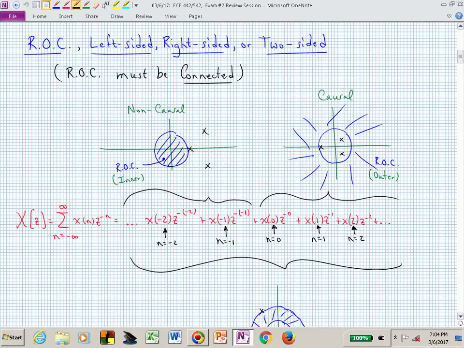Which means all of these time values of x, for n equals 0, n equals 1, n equals 2, have to be 0. That's why we have a non-causal waveform when we have a region of convergence that's a disk. That's independent of whether we have a bounded or an unbounded behavior. What we're saying is just when is this waveform defined?